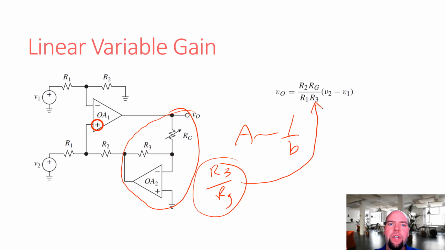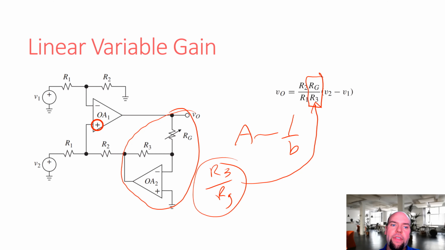So essentially what we're doing is we're giving ourselves a way to nuke the output as it comes back through the feedback path, which means the op amp has to produce all that extra voltage to adjust for that change in gain. And now we get a much nicer linear behavior, linear variable gain.